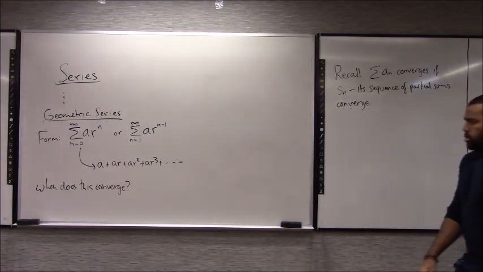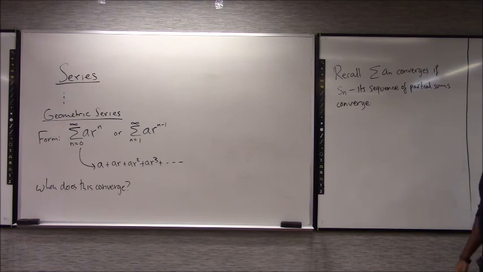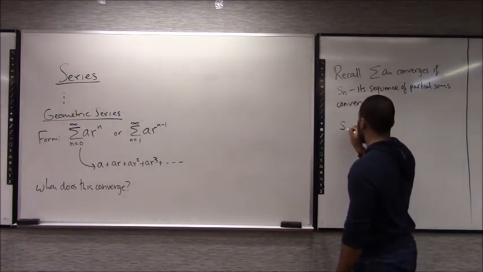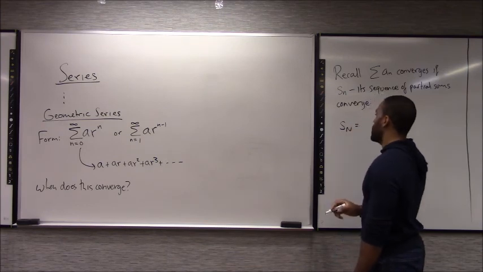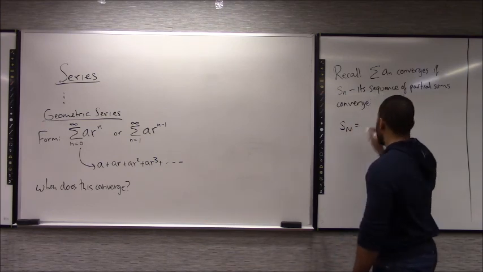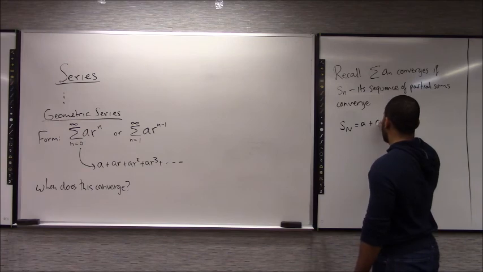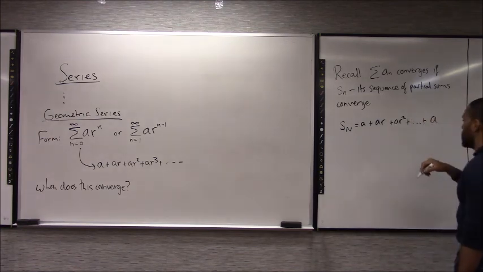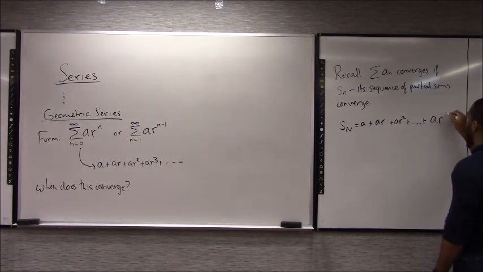So that's what we're going to do here. We're going to look at the sequence of partial sums of this series. If I take the nth partial sum for the geometric series, that would just be adding up the first n terms: a up to a r to the n.